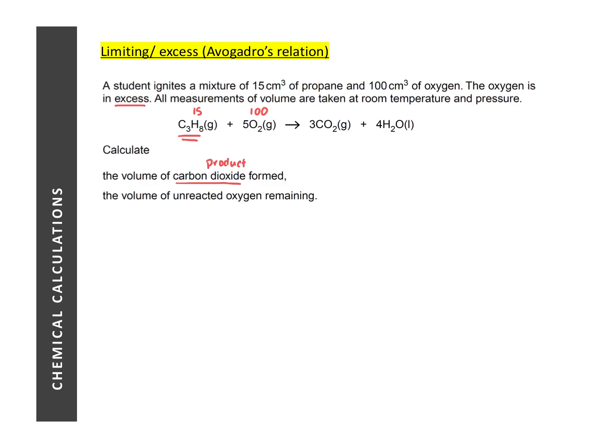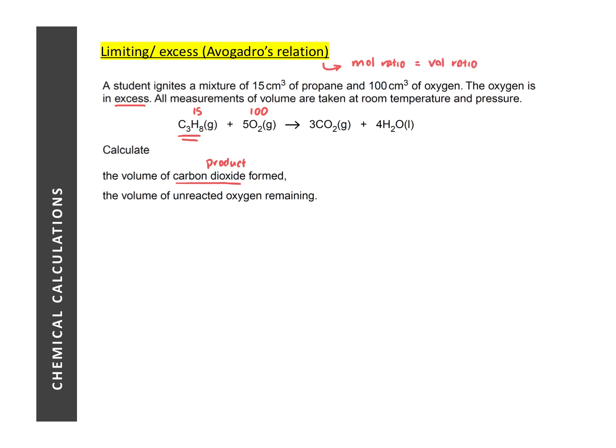The amount of propane will determine the amount of product formed. For this question, it will help if you recognize that we are dealing once again with gases. For gases, we can invoke Avogadro's relation, where the mole ratio is equal to the volume ratio.